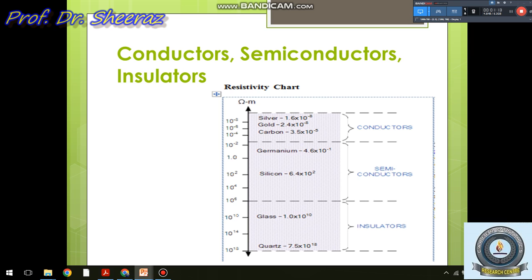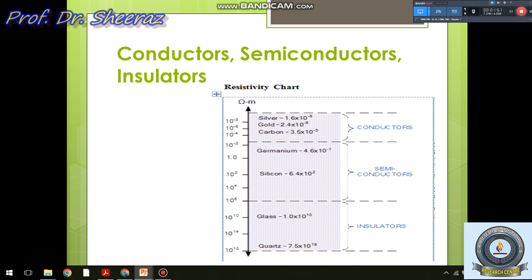All those devices which do not have any sort of capability to conduct electricity through them are known as insulators. Whereas there are some devices which have the capability to conduct sometimes and insulate sometimes, they are known as semiconductors. Now the examples of conductors, as we can see in the slide as well, are silver, gold and carbon. In the case of insulators we have glass and quartz, and in the case of semiconductors we have germanium and silicon.